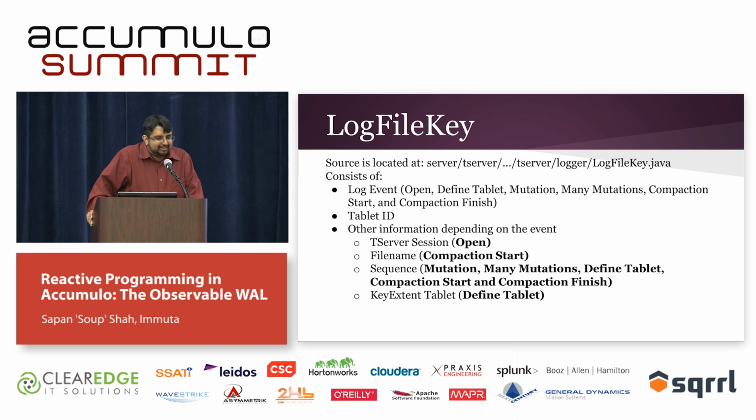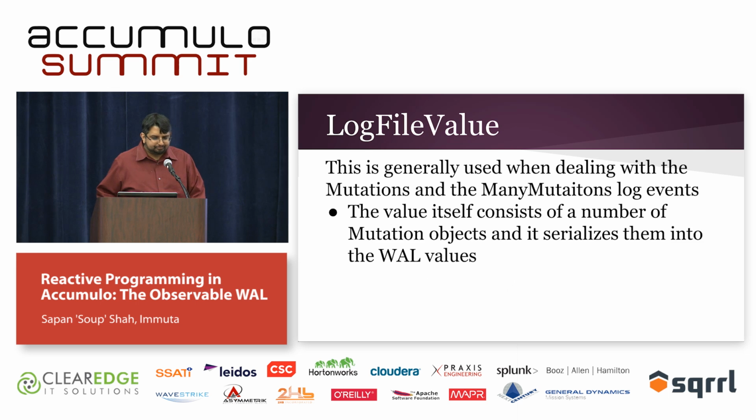The one that I really care about is sequence, because that's what comes with the mutations and many mutations. Generally when you're observing this write-ahead log, the major thing I want is mutations out of the write-ahead log. And then it has the key extent tablet for the defined tablet. The defined tablet event is actually very, very important, and I'll explain why in a little bit.